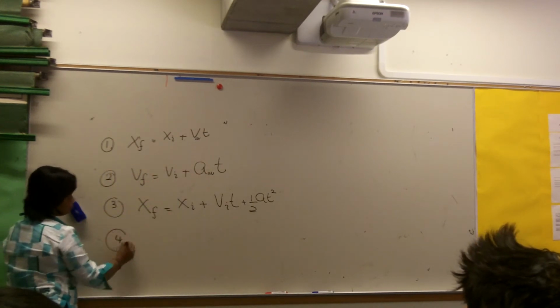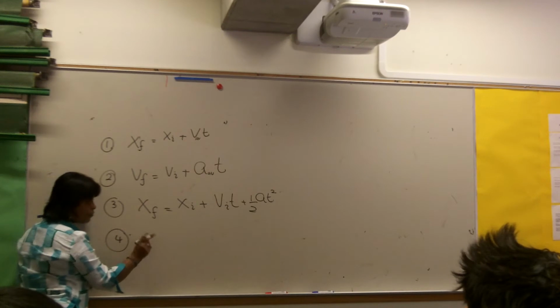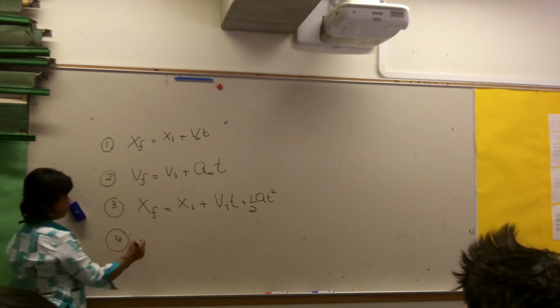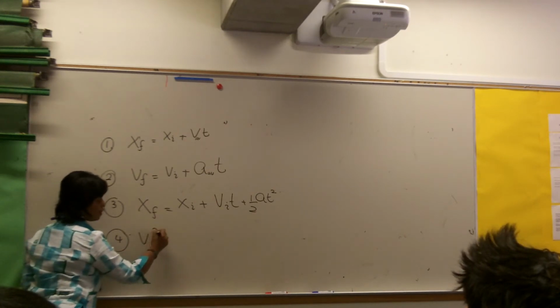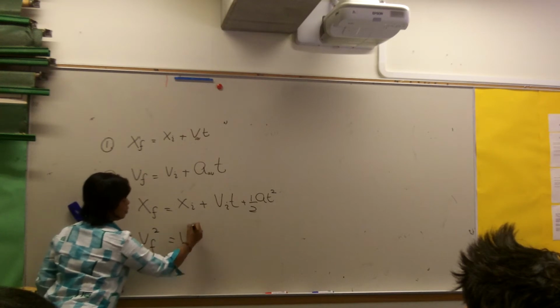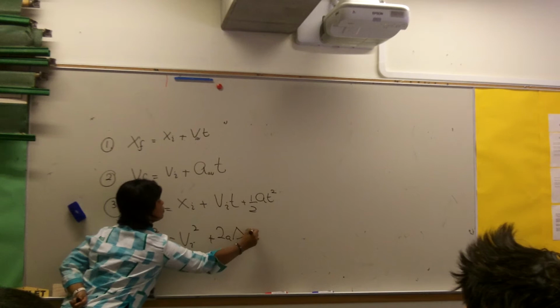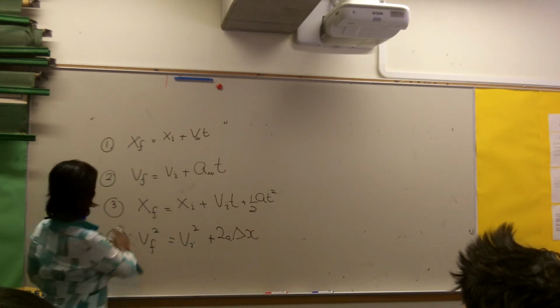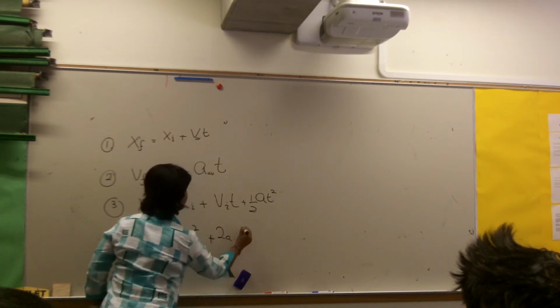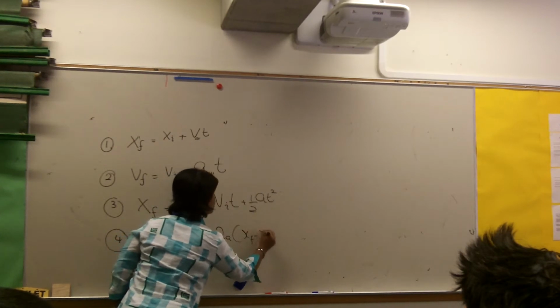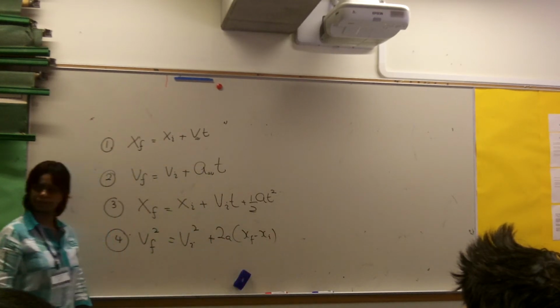Number 4 is if we do not know the time, we can find the final velocity, acceleration and delta x. If you want, you can write here, some people like to write x final minus x initial. That's also okay.